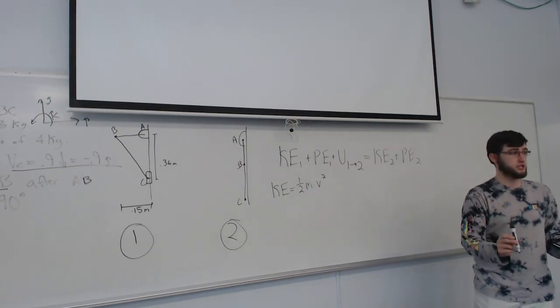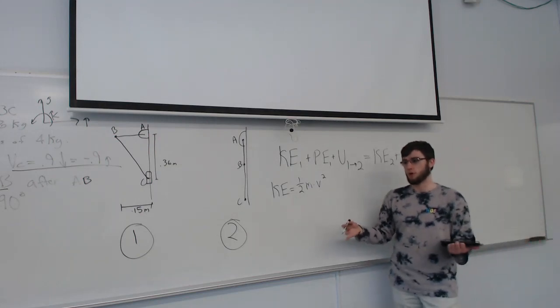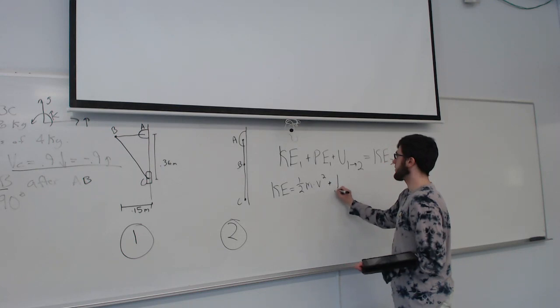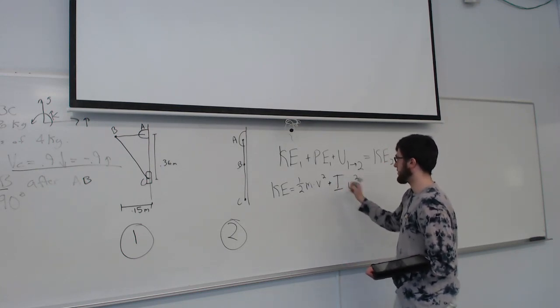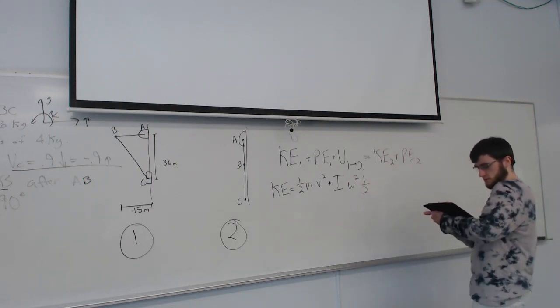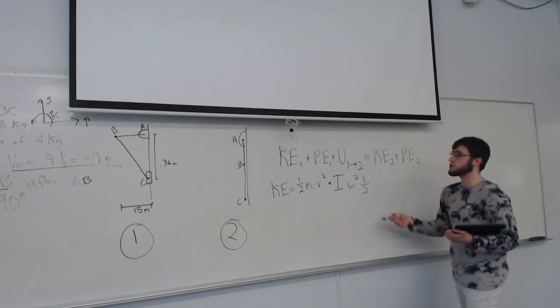That's the translational motion part. But what you've been tortured with in dynamics is now the rotational stuff. So it's now 1/2 I omega squared. Yes, so this is kinetic energy in general now.